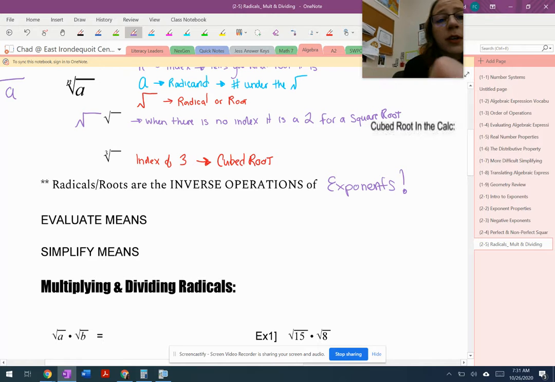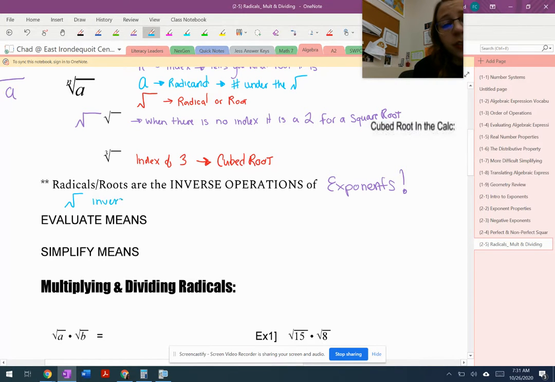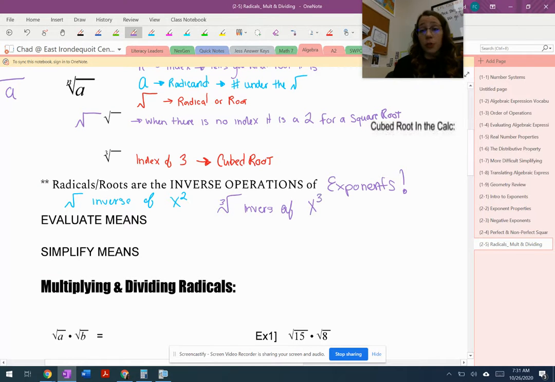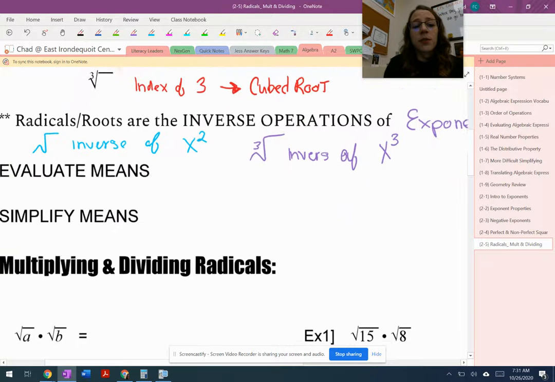For example, a square root is the inverse of squaring something. Let me turn that into an actual 2. I keep writing those like z's. There we go. And the cubed root is the inverse of x cubed, or cubing something. So just things to keep in mind.